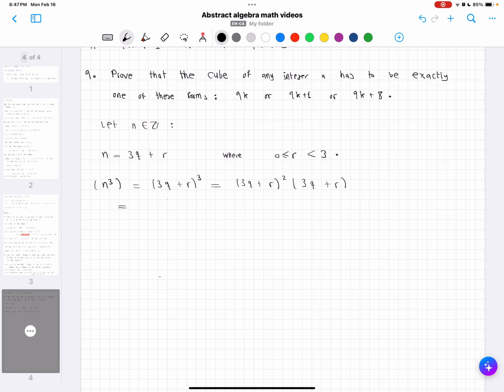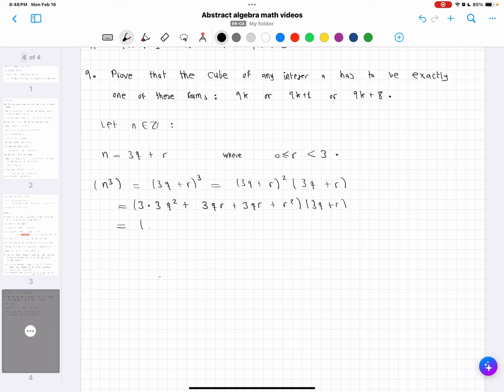So then if we expand the square, we get 9q squared plus 2 times 3qr plus r squared, times 3q plus r.